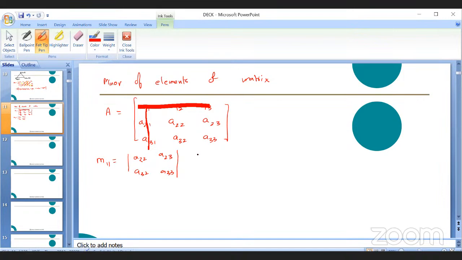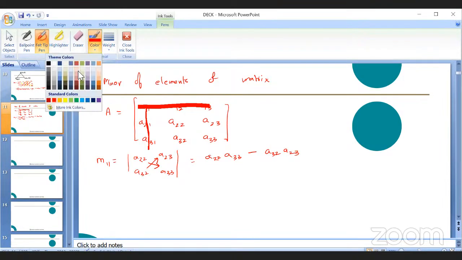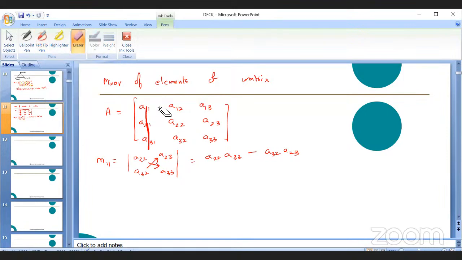Find the determinant of this. Multiply A22, A33 minus, multiply like this, A32, A23. This is minor of A11. Like that, for every element you can find minor. Not only for A11, you can find for every element.